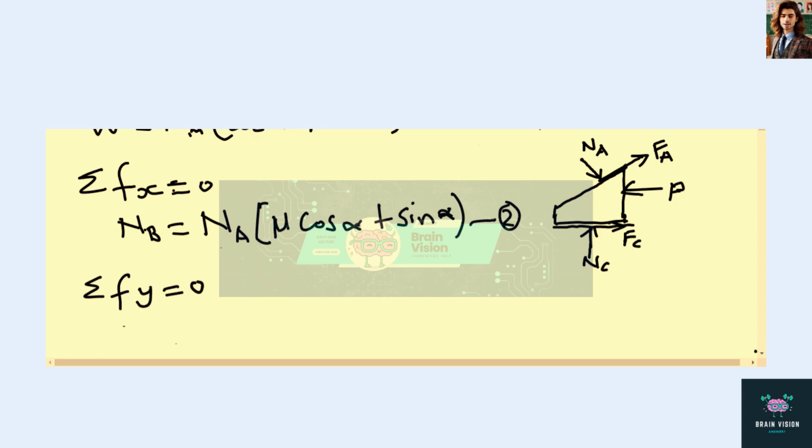We're going to arrive at NC, the normal reaction at C, will be equal to normal reaction at A cos alpha minus mu normal reaction at A sine alpha. We can call this equation 3.